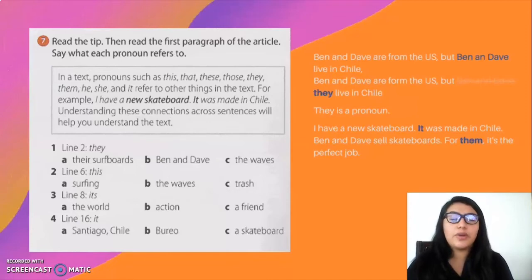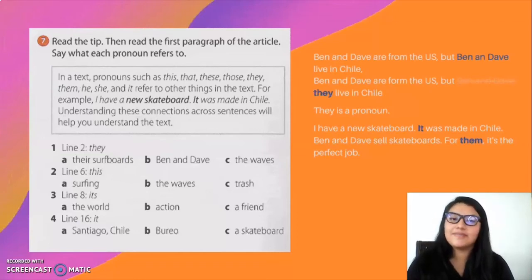If you could see, we are repeating the name twice in that sentence, so it sounds kind of weird. So here we are going to put a pronoun, okay? So it would be like, Ben and Dave are from the US, but we are not putting the name again, we are putting the pronoun.